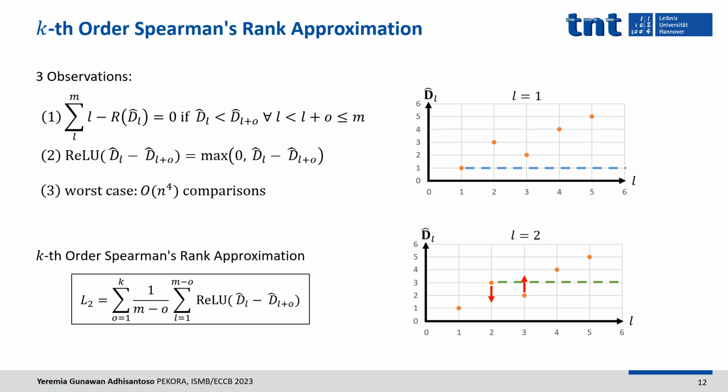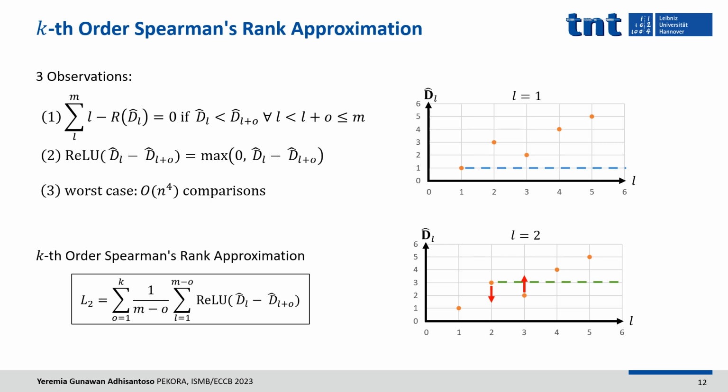On the right-hand side, we can see that, as I explained earlier, the predictions are already sorted according to the sorting of the data. First, we start with the first point, or the point at index 1. The rank of the first point is correct because the other points have values greater or equal to the first point.